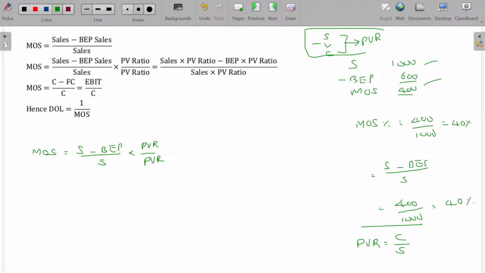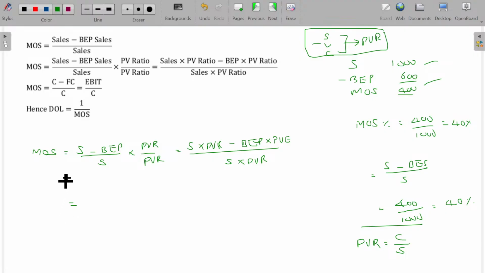Clear? Now, if I multiply the PVR on both sides, sales into PVR minus BEP into PVR, and in the denominator sales into PVR. Okay.